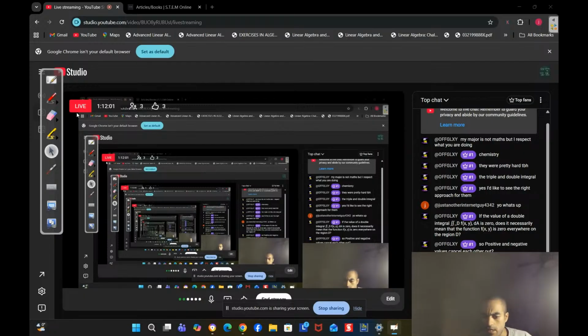The region, I believe you were asking earlier, does it mean that the function f(x) is 0 everywhere in the region D? Yes, in that case, it would have to be 0 everywhere in the region.